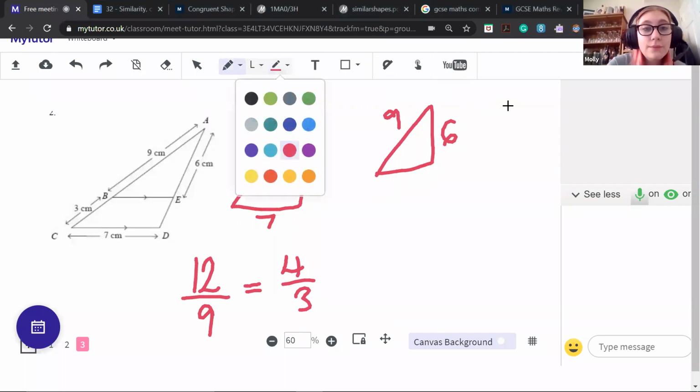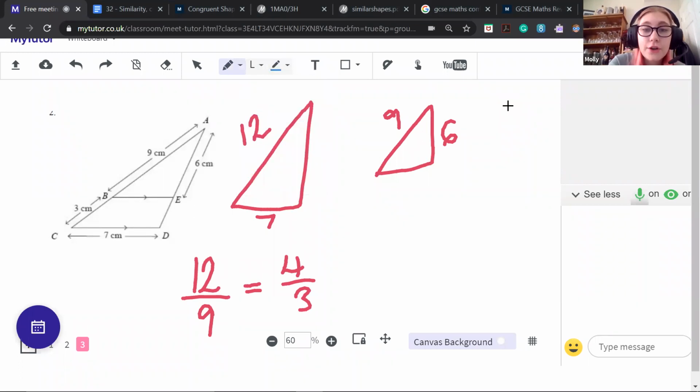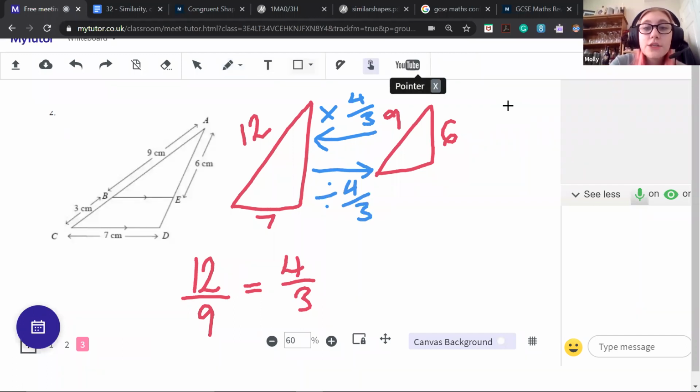And it can help sometimes if you write this down. To get from here to here, we're multiplying by our scale factor. And to get from here to here, we're dividing by our scale factor. Sometimes noting that down for yourself can really help tell you what's what. So to get from here to here, we're dividing by our scale factor.